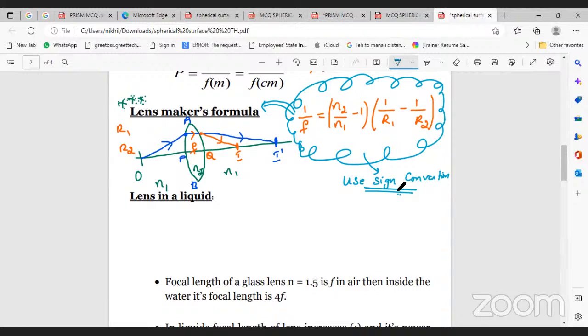This is the lens maker's formula: 1 by F equals (N2 by N1 minus 1) into (1 by R1 minus 1 by R2). What is N2 here? Refractive index of the lens. What is N1?